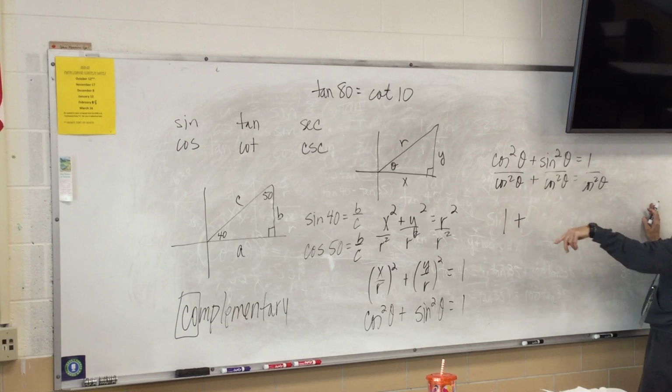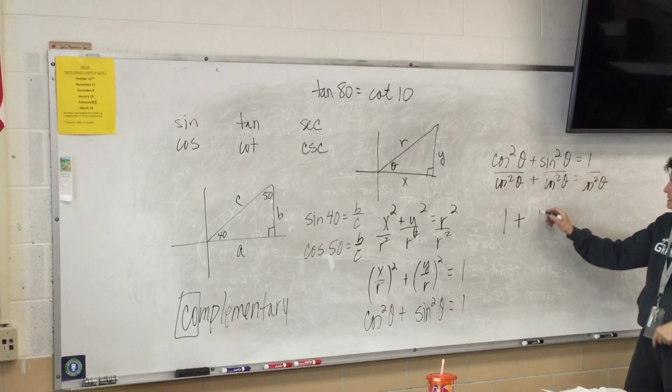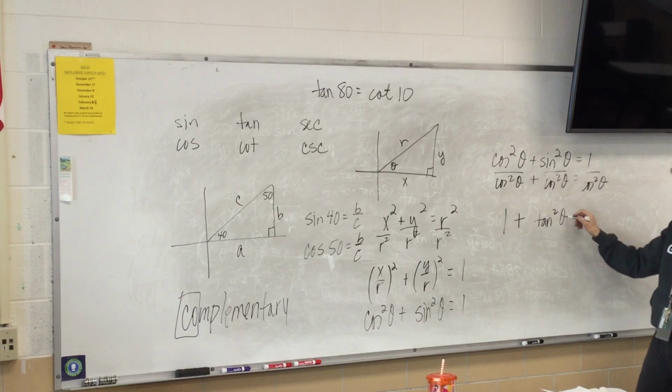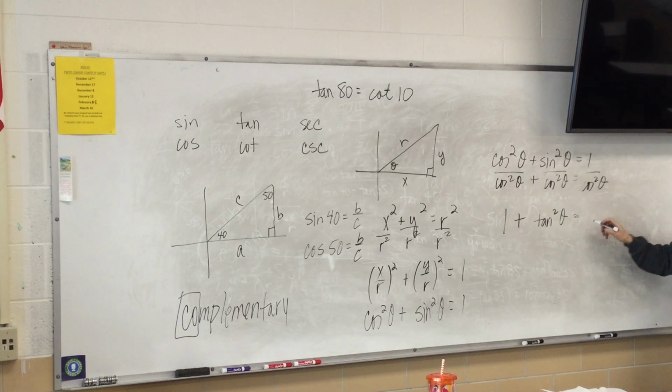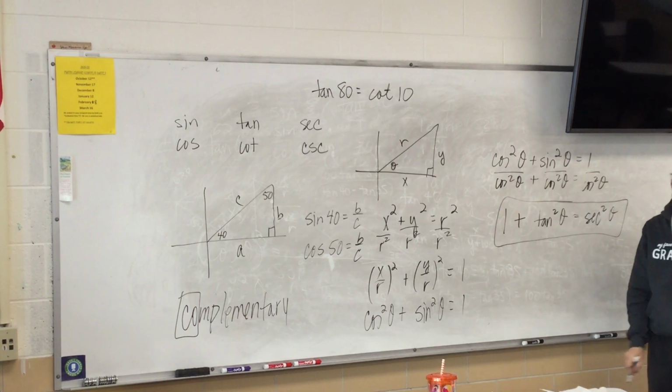Sine over cosine is tangent. So this is really tangent squared. And this, of course, is secant squared. So that's another one of your Pythagorean identities.